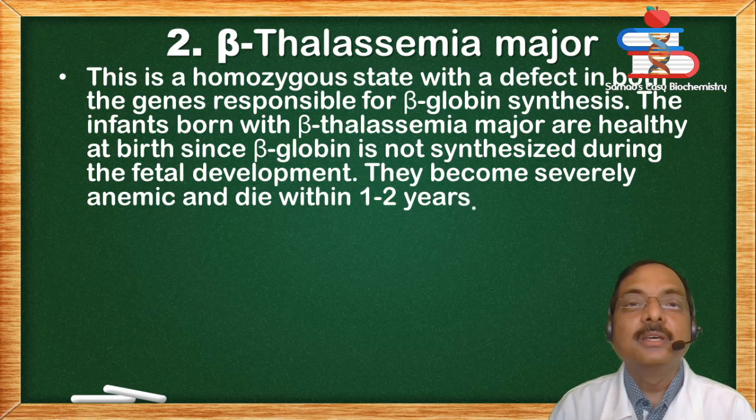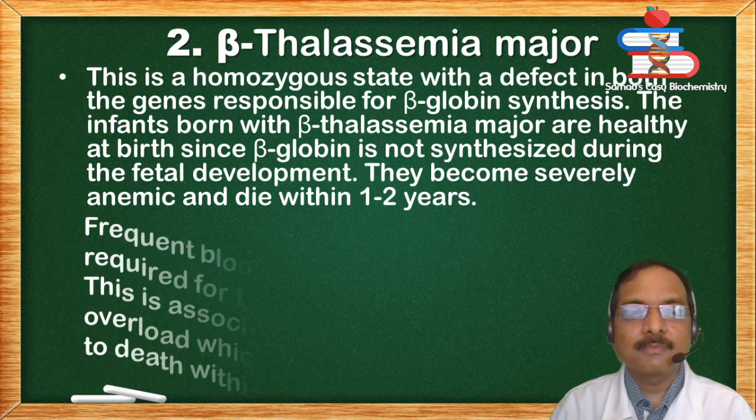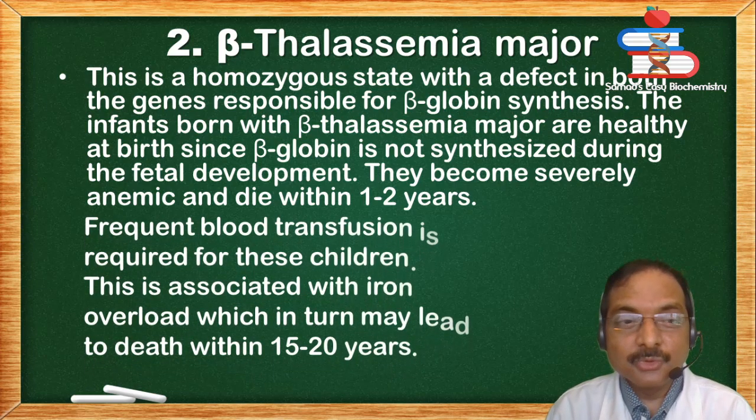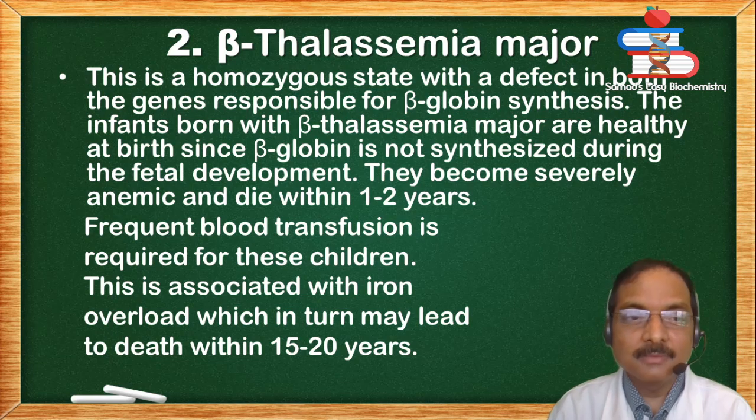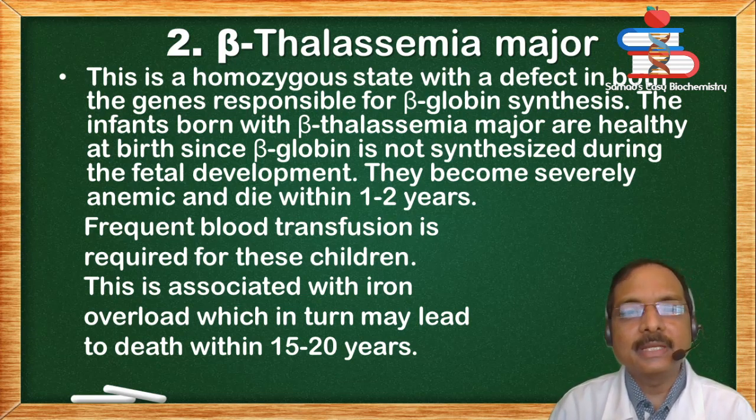However, they become severely anemic and die within 1 to 2 years. Frequent blood transfusion is required for these children. This is associated with iron overload, which in turn may lead to death within 15 to 20 years.